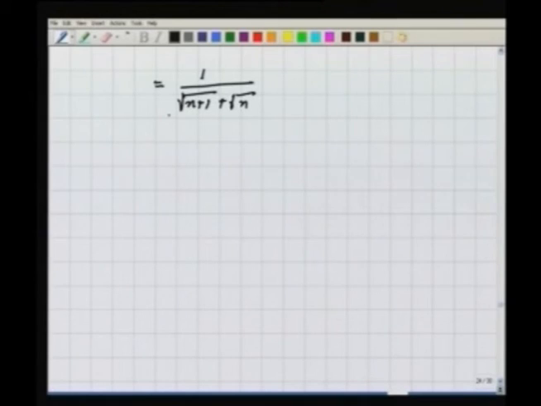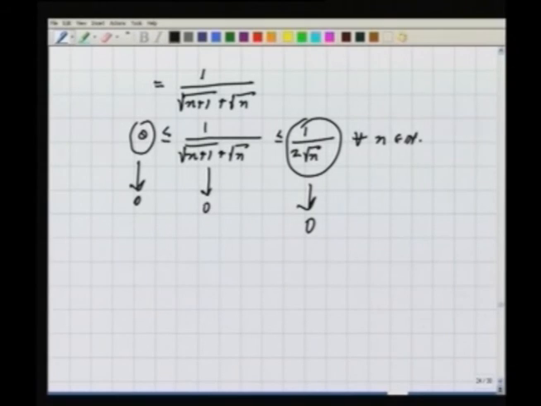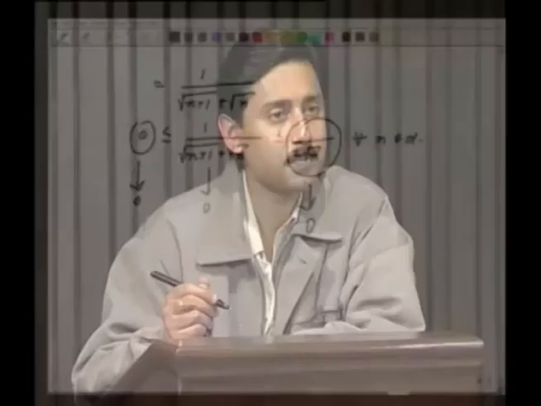Well, I certainly know that 0 is less than or equal to 1 by square root of n plus 1 plus square root of n, which is less than or equal to 1 by 2 times square root of n, for all n. Now this 0 here stands for the constant sequence 0, so it converges to 0. If I can somehow prove that the upper sequence converges to 0, I will get by the sandwich theorem that this converges to 0. So the question is, does it converge to 0?